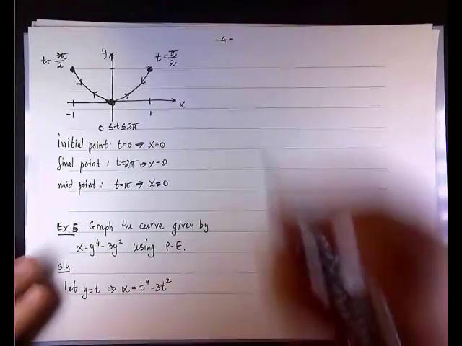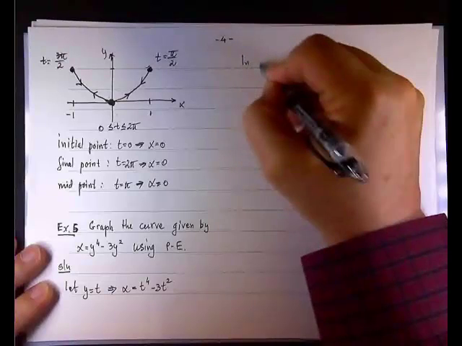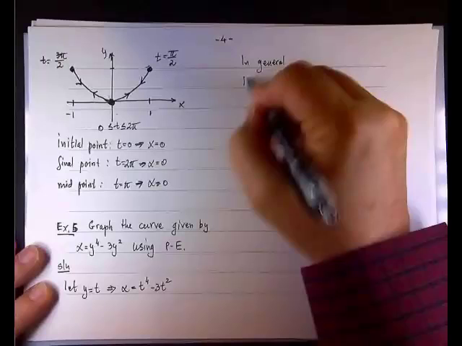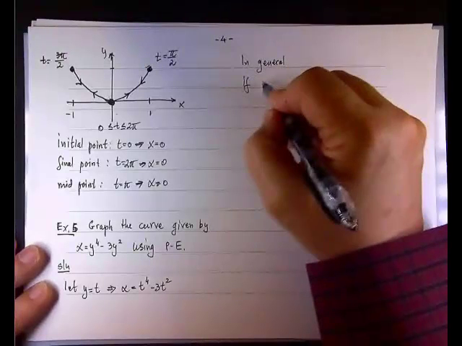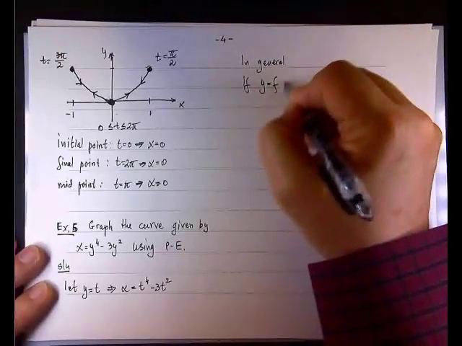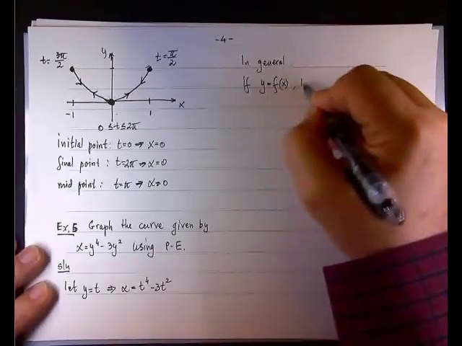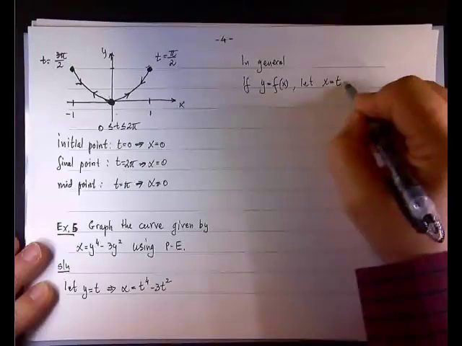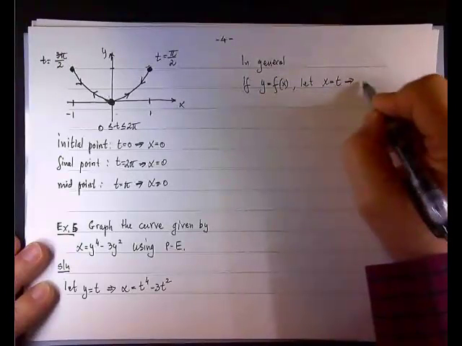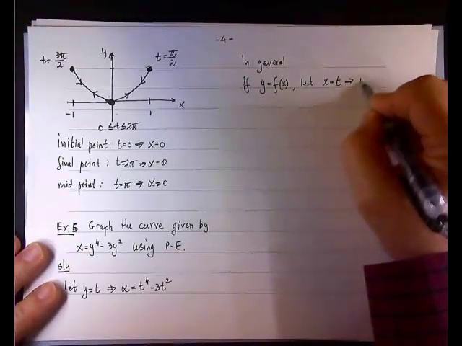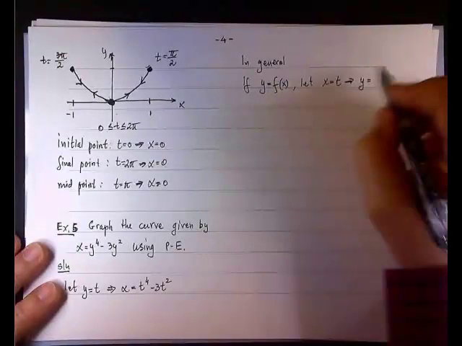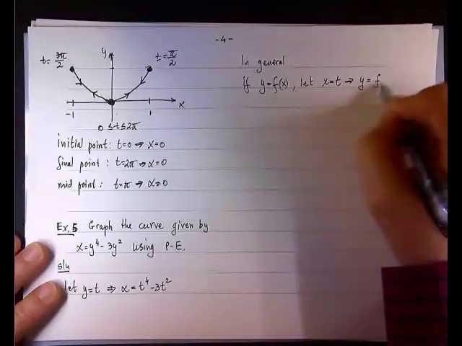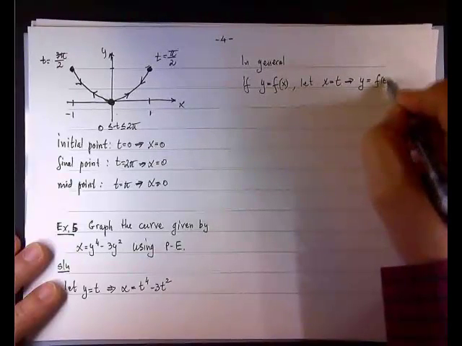So again, the advice is, in general, we're going to write the following. If y equals f of x, let x equal t, and therefore y is going to be a function of t as well.